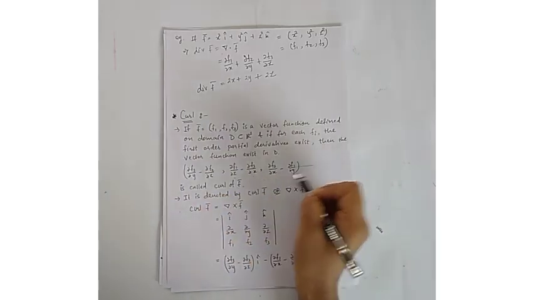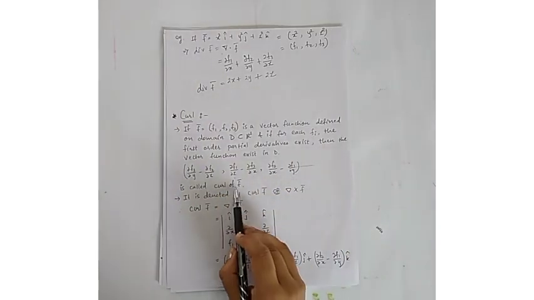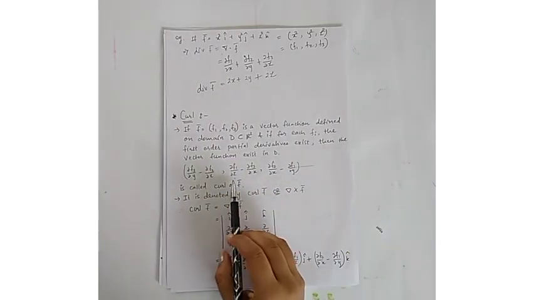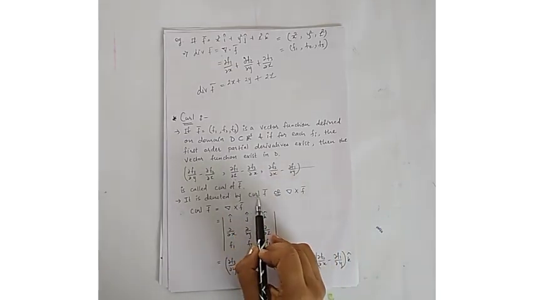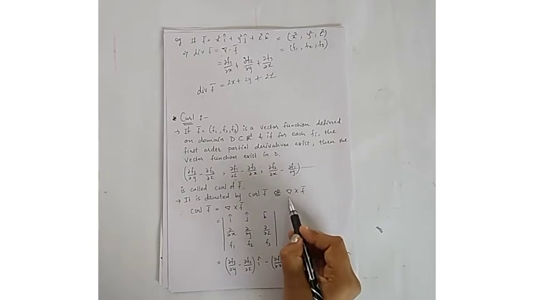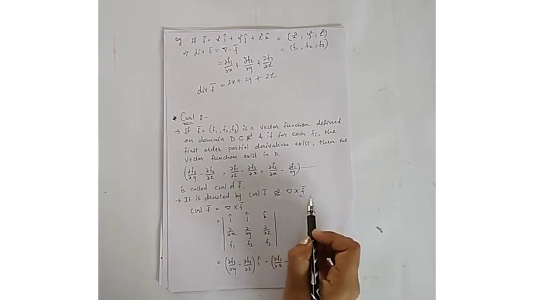So this is called curl of f bar, and this is a vector function. It is denoted by curl f bar, or the cross product of this nabla and vector function f bar.